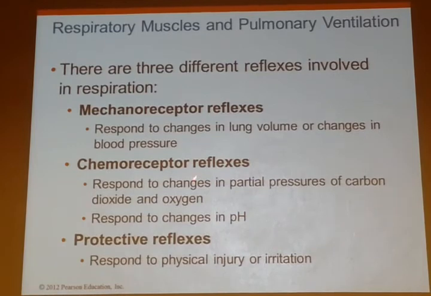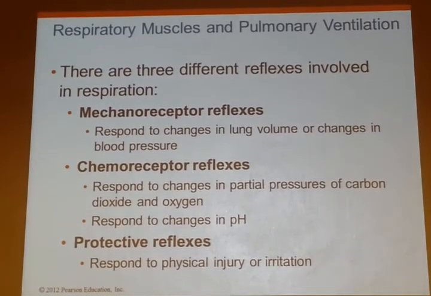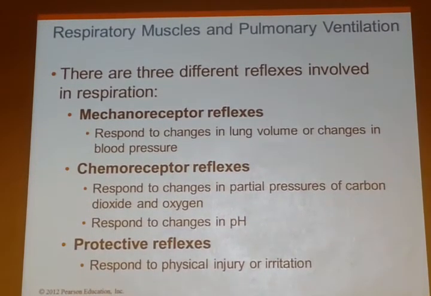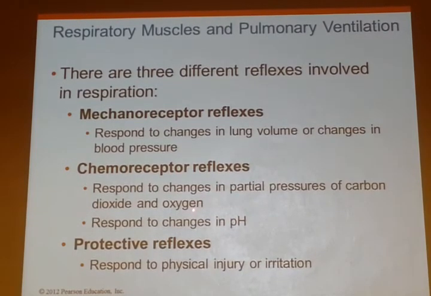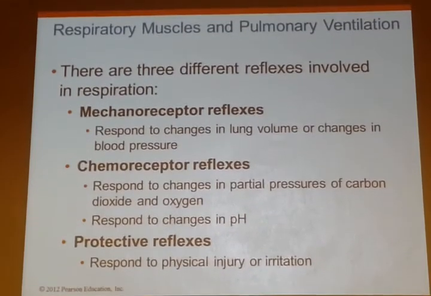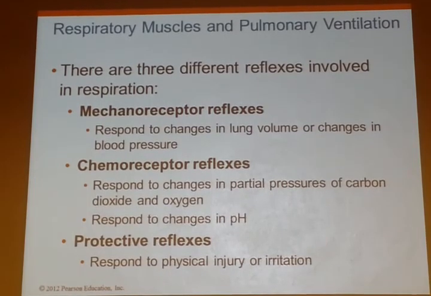We've also got chemoreceptors in the lungs that will measure the concentration of carbon dioxide and oxygen in the alveoli. And actually, in the case of carbon dioxide, they're responding to the pH change. So carbonic anhydrase has to be present to change the CO2 into the hydrogen ion.